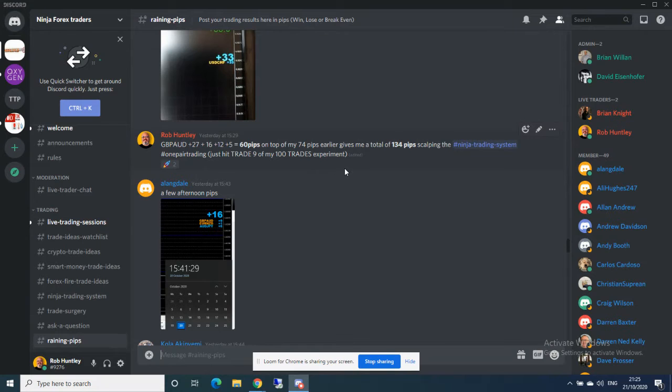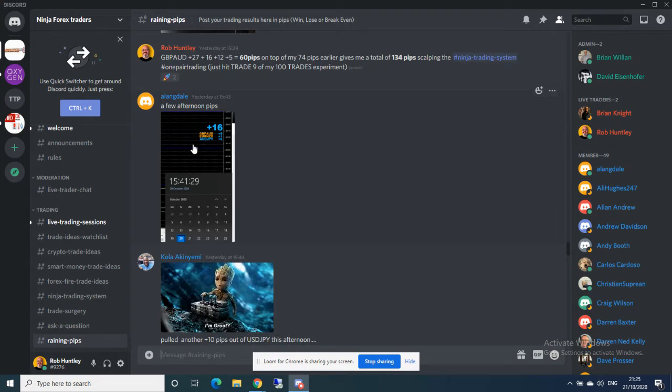I'll put experiment, but should have called it journal. A few pips here for Alan with pound Australian dollar, Euro New Zealand dollar, and Australian dollar Japanese yen, so 16 in total, I'm guessing.